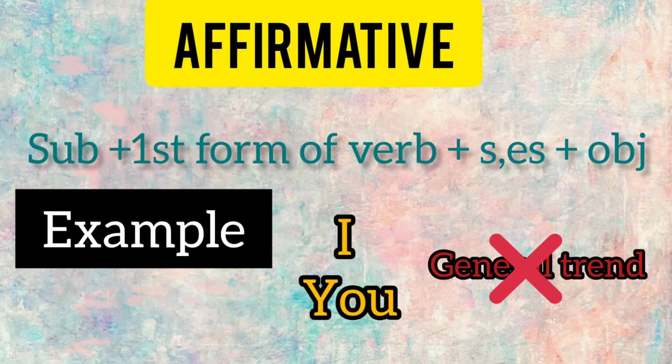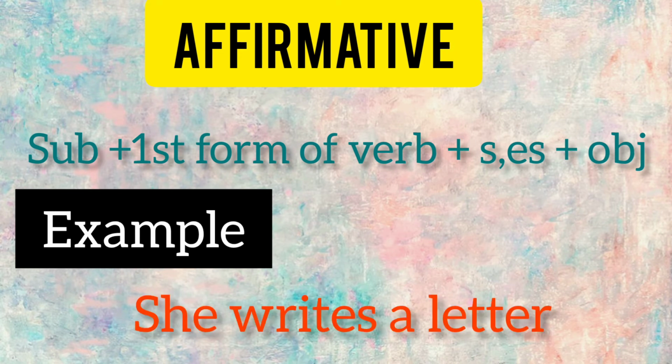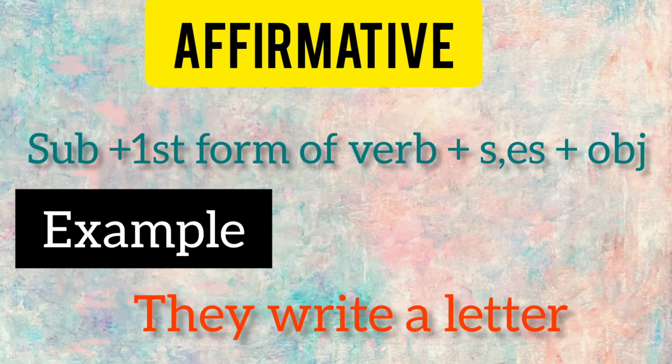So हमने इसके साथ नहीं लगाया, I और you के साथ नहीं लगाएंगे. बाकी जितने भी सिंगुलर नाउन हैं उन सब के वर्ब के साथ क्या लगेगा? s और es. फॉर एग्जाम्पल अगर मैं यहाँ लिखती she writes a letter, so she writes a letter, सिंगुलर नाउन आया तो writes लगा. अगर मैं लिखूँ they write a letter, so they writes नहीं होगा because they is a plural pronoun.